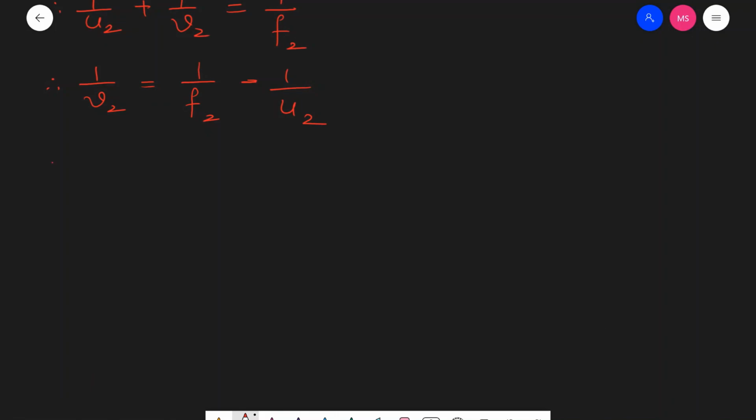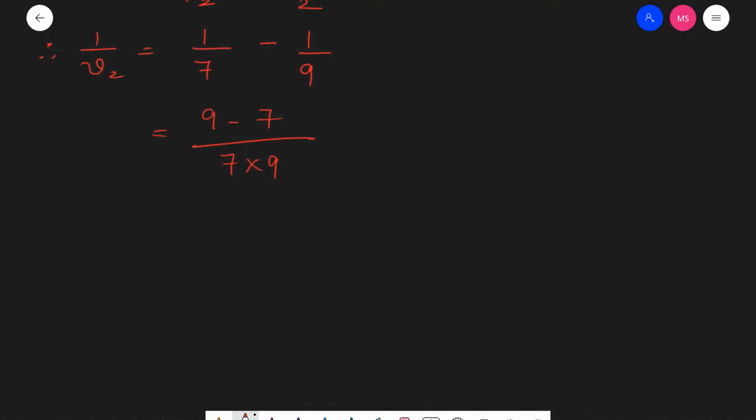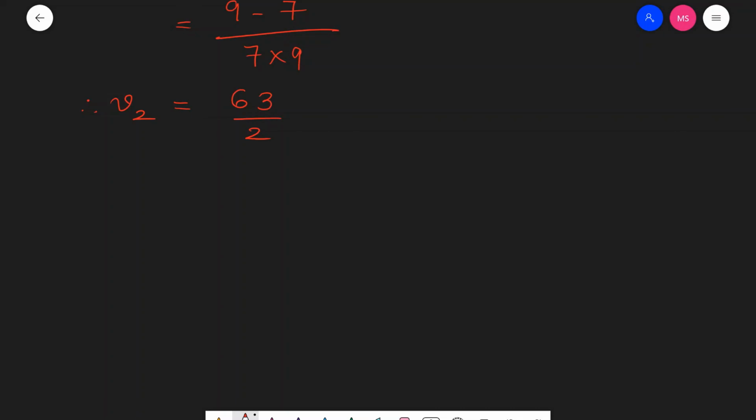So therefore 1 by v2 will be equal to 1 by f2 is 7 minus 1 by 9. So this will be equal to 9 minus 7 over 7 into 9. So therefore you can say that v2 will be equal to 63 by 2. Therefore the final image v2 will be equal to 31.5 centimeter.